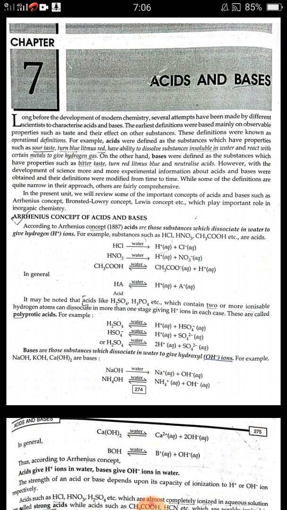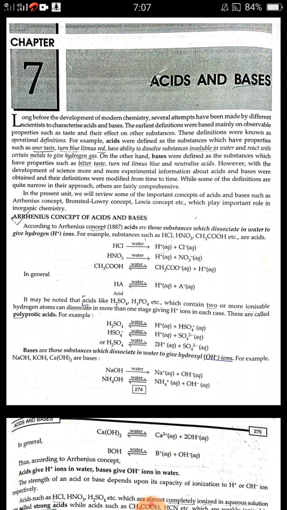For example, substances such as hydrochloric acid, HNO3, acetic acid, etc. are acids because when we dissolve them in water, they dissociate into H positive ions. They give the hydronium ions, H positive ions.